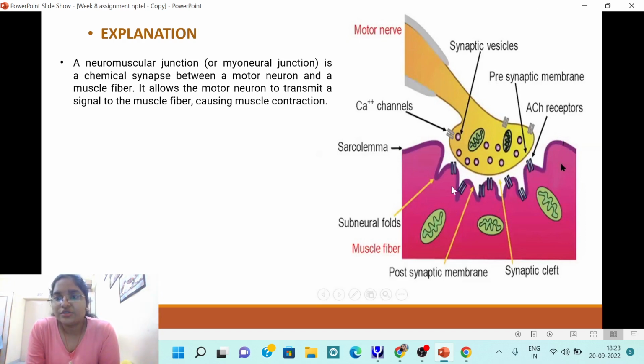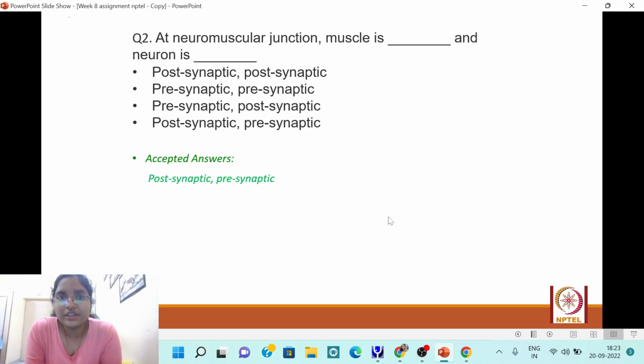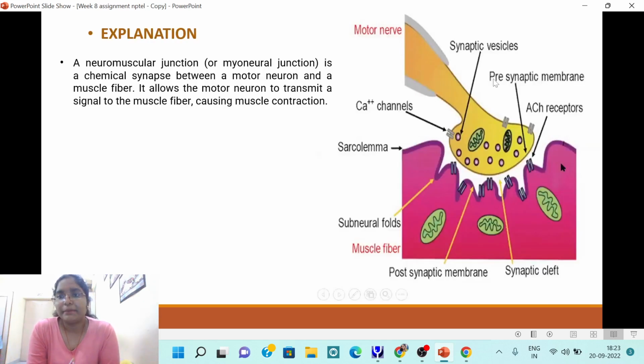The neuron is the presynaptic membrane and the muscle is the postsynaptic membrane. The muscle fiber is the postsynaptic membrane and the motor nerve has the presynaptic membrane.